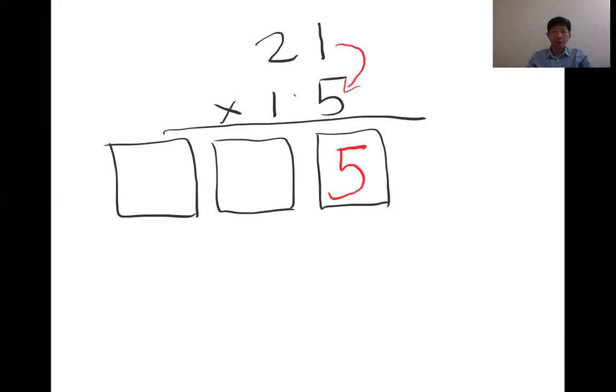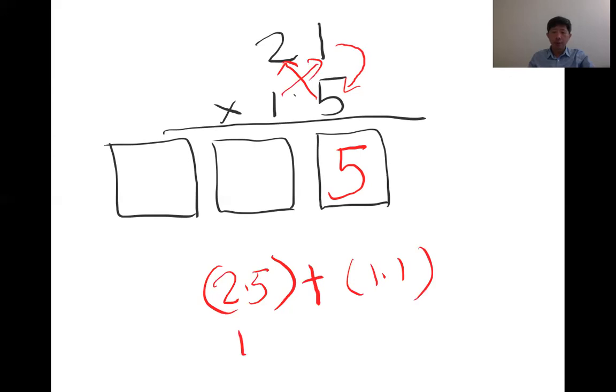The next one is a cross, so we have to do the cross. Now what is the cross actually? 2 times 5, plus 1 times 1, is 10 plus 1, which is 11. So 11, we put 1 there, right?